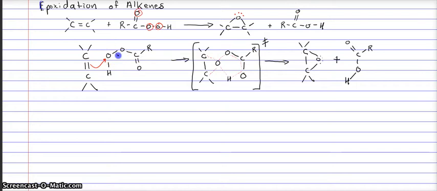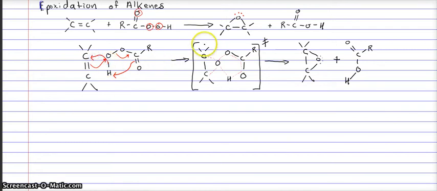So here's our oxygen-oxygen bond breaking. We'll form a carbon-oxygen double bond, which will overload this carbon, so we'll break this bond, grab this hydrogen, and put the hydrogen onto this oxygen, and then this set of electrons will go back and add to the other carbon.